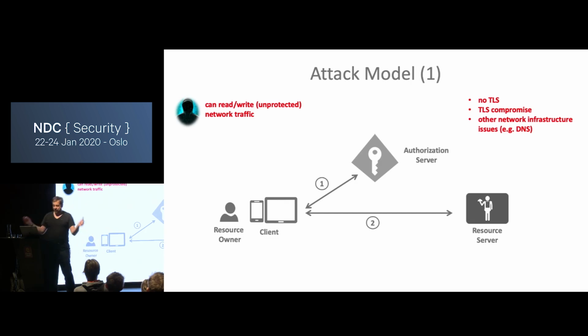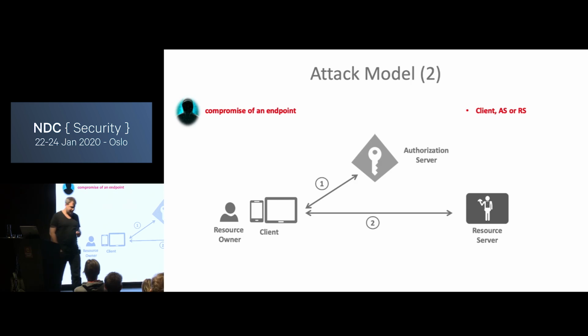So you should never ever do anything without TLS. But if your infrastructure is still compromised and they can still read and modify traffic even over TLS, you have a huge problem that we can't solve as OAuth implementers. That's a whole other world of problems. So we have to rely on that being intact, okay?